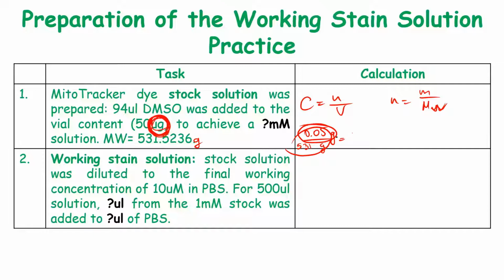So it's going to be 50 times 10 to the power of -6. Yes, so you convert this microgram to gram, and then divide it by 531.5. I don't have a calculator. Anyway, what is the unit here? It's going to be grams. Grams, nice. So who has the calculator then?